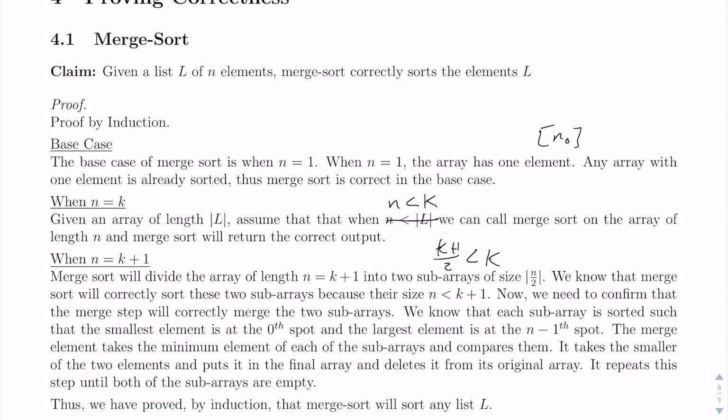So when each subarray is sorted, what happens with merge sort is we look at the minimum spot on each array, the front of the array, and we compare the two elements. And we know that those two elements are the minimum of each array. And so then we just pop off the smaller element and put it on our new final list.